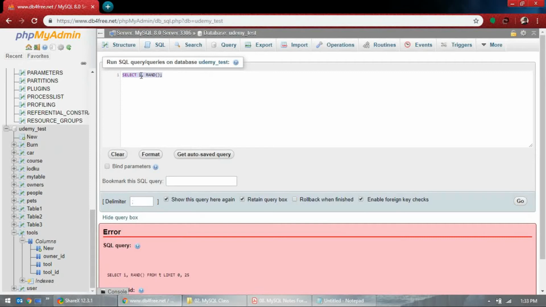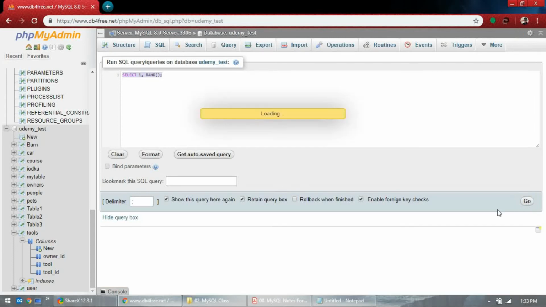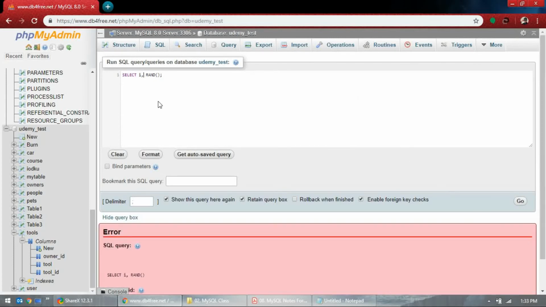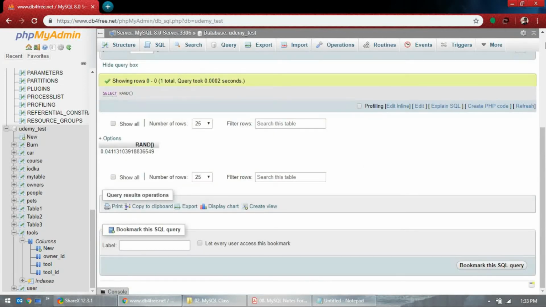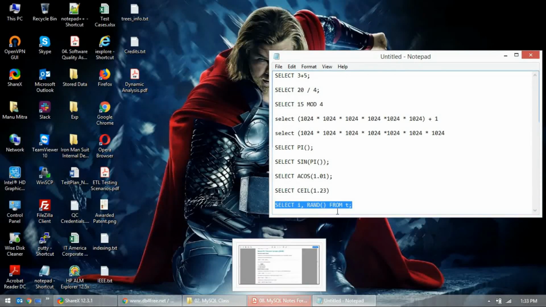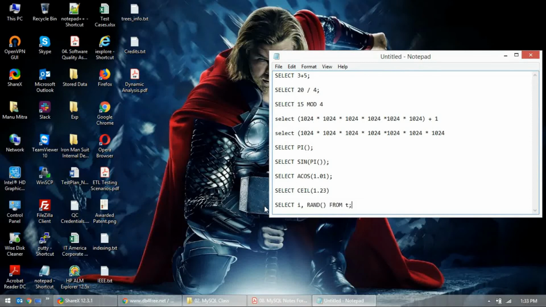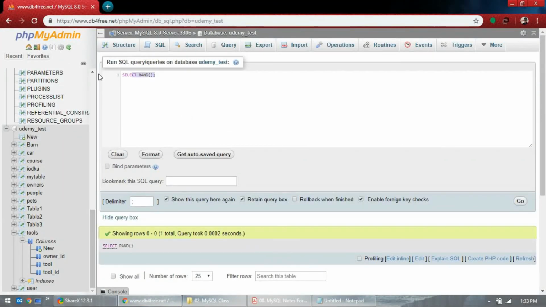No, because select i is a column, so this too will not work. What about this? Ah, this worked. So the point here is you're generating a random number, so this query is good. Select rand.